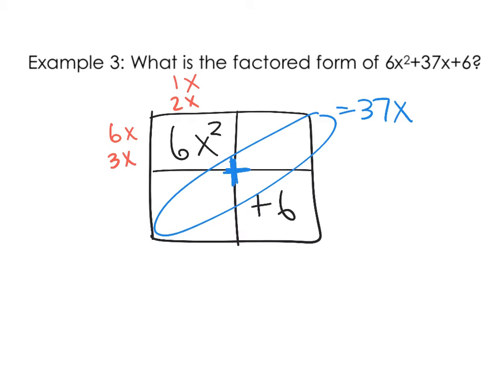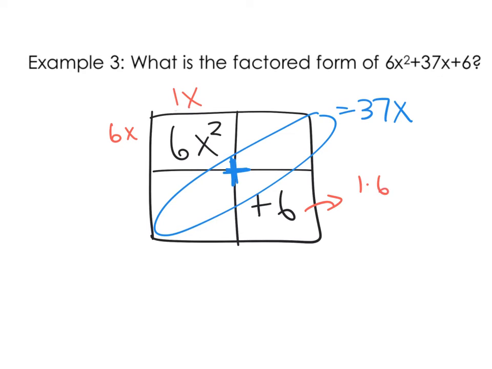So let's start off with just one option, and remember, we can always switch to that other option. So I'm going to start off with the 1x times the 6x. Remember, this is always just a game of guess and check. So that means that we also have the options to multiply to be a positive 6.